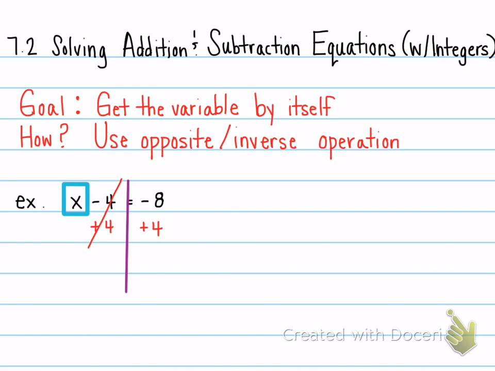So when I look at the left side of my equation, I have just x left, and it equals whatever this side equals. Now, I really like to look at these expressions as separate numbers. We talked about this when we learned like terms. So I kind of look at everything like an addition problem.